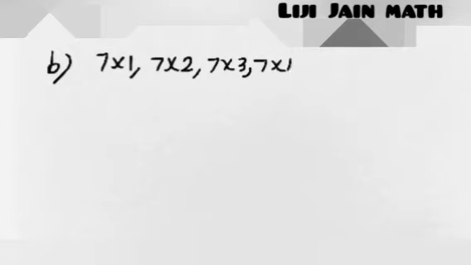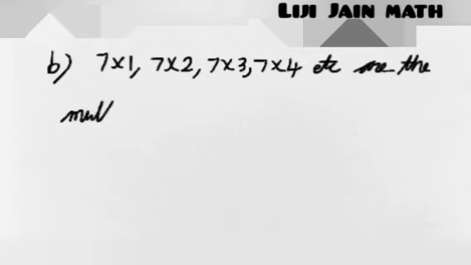We can't find the number of multiples of a given number. 7 into 1, 7 into 2, 7 into 3, 7 into 4, etc. are the multiples of 7.